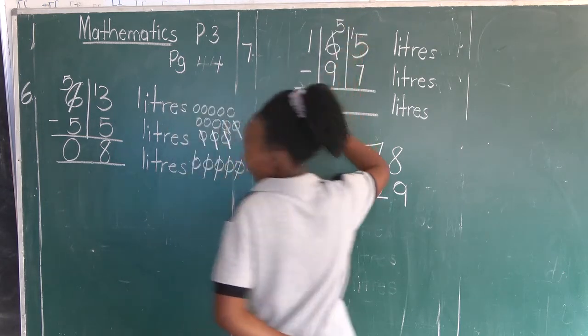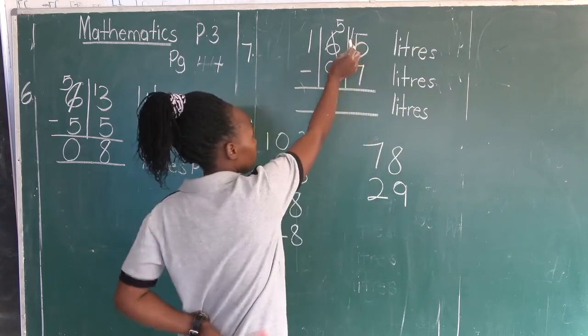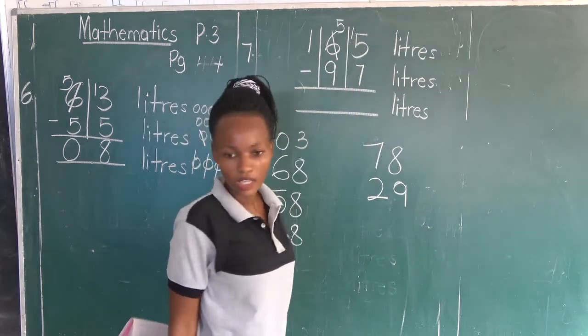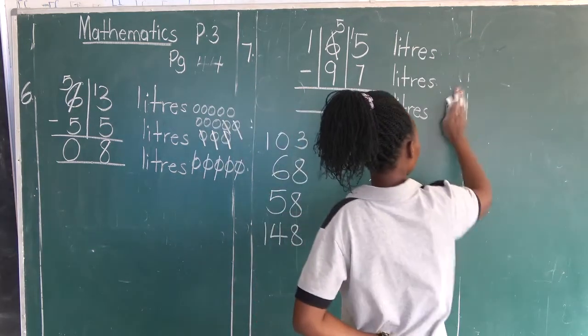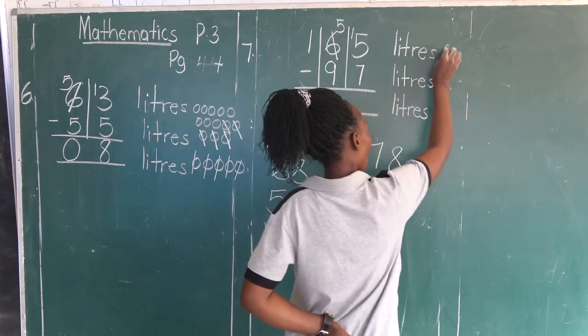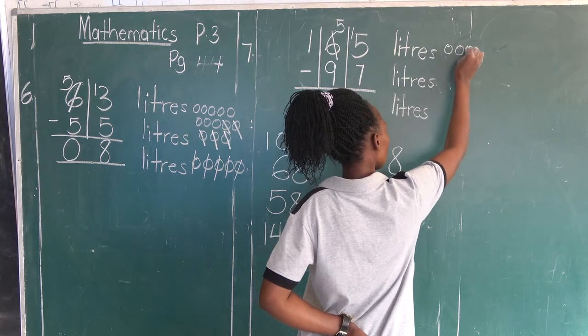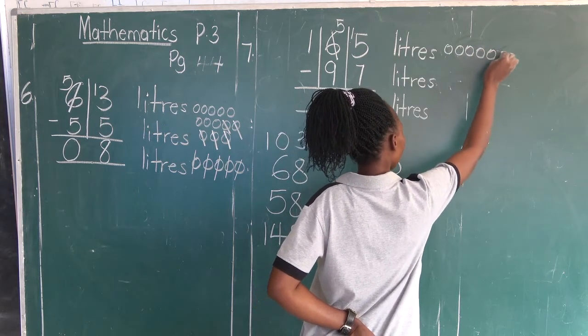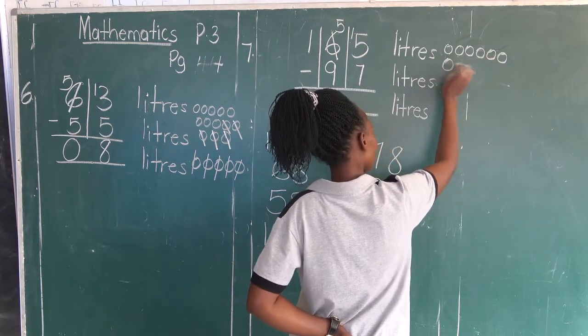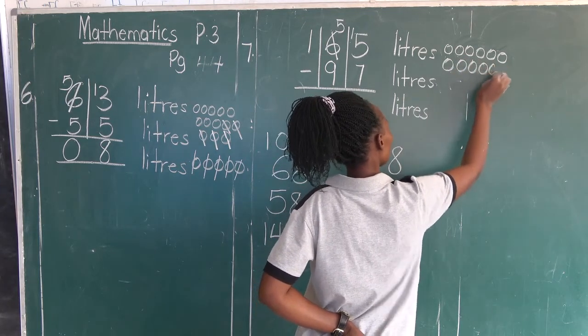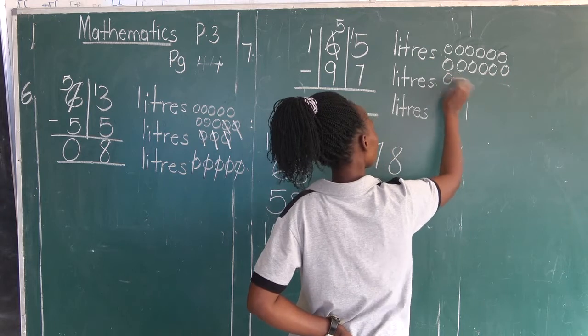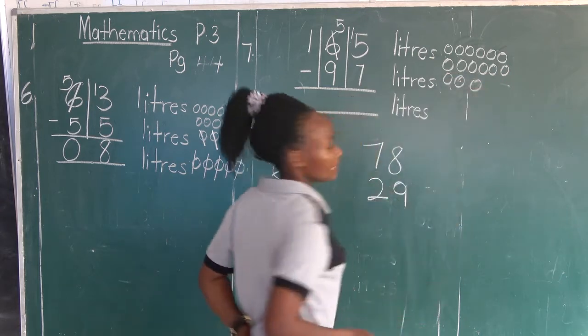This one will be 10 plus 5. We shall get a 15. Now let's draw our 15 balls. 1, 2, 3, 4, 5, 6, 7, 8, 9, 10, 11, 12, 13, 14, 15.